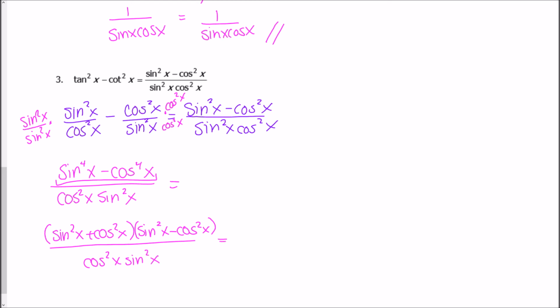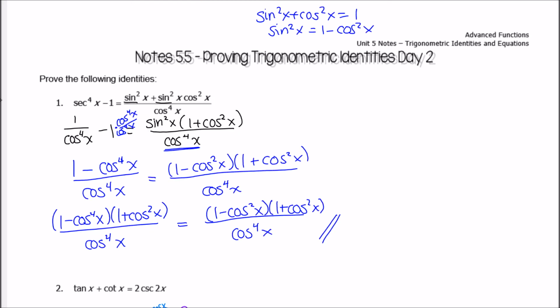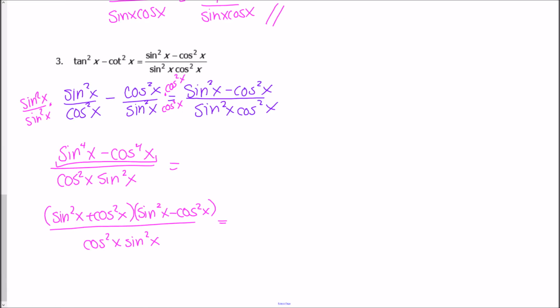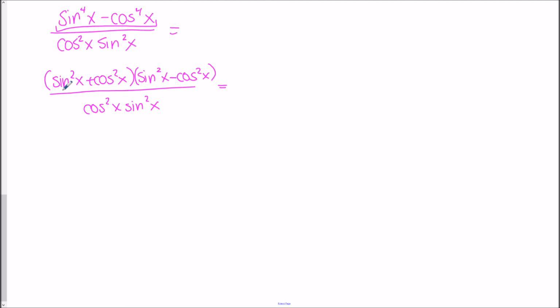So then taking a look at this, I can see that this number ends up being just 1. So it's 1 times sine squared x minus cosine squared x all over cosine, and I'm just going to change the order around so it matches the other one, sine squared x cosine squared x.